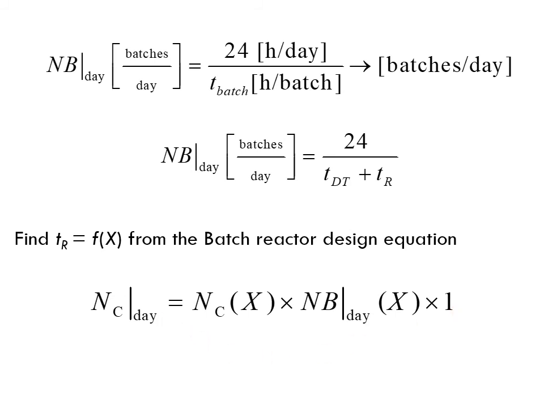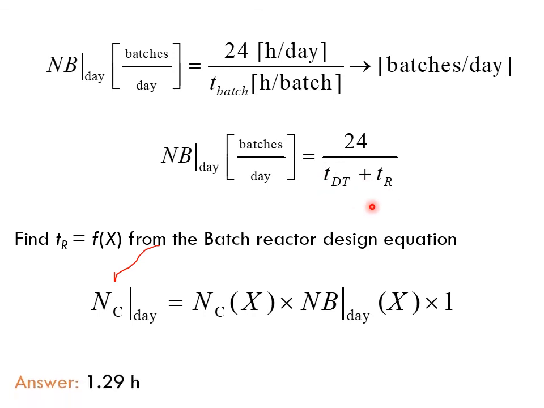Therefore, now we have only one unknown in this equation, because the NC per day is given. The only unknown is X. We can find X from this equation and then plug it back into TR, and we can calculate the number of batches per day and so on.